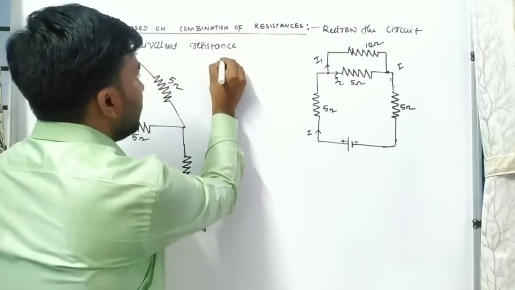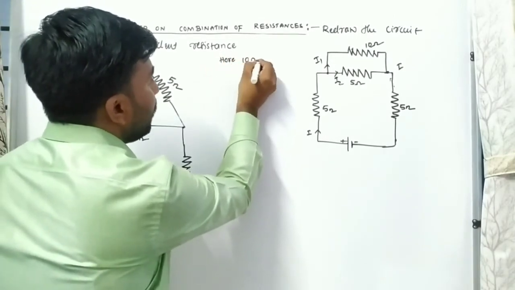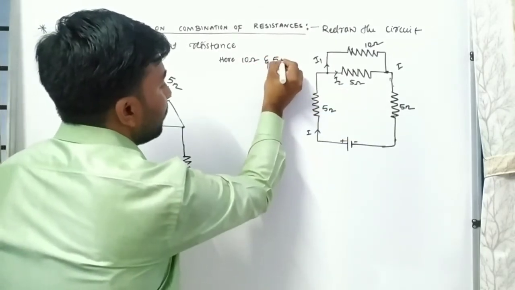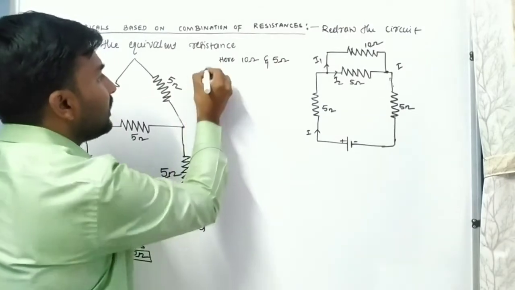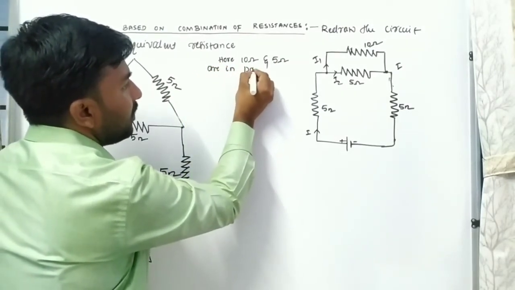Here 10 ohm and this one 5 ohm resistors are in parallel.